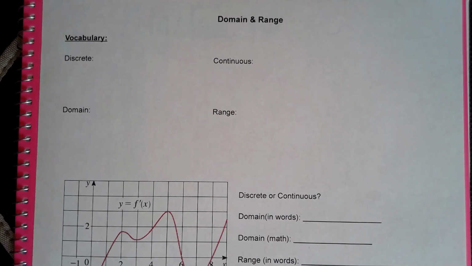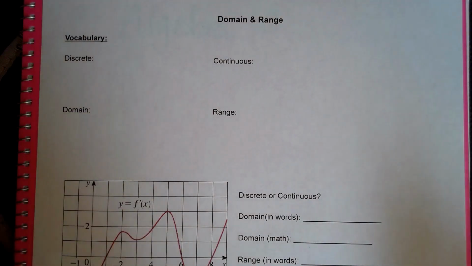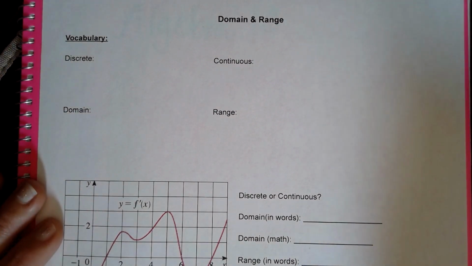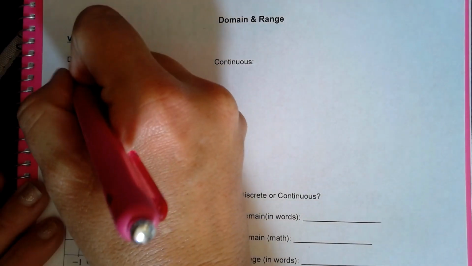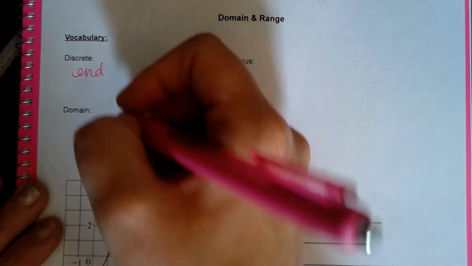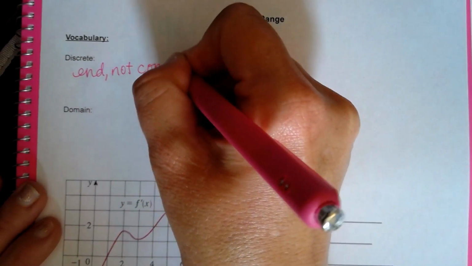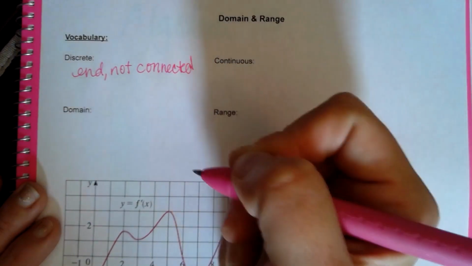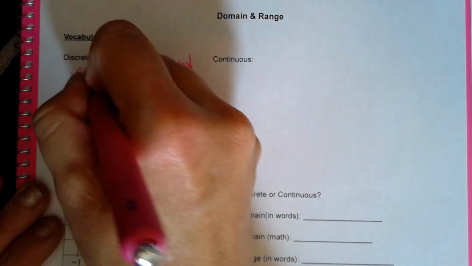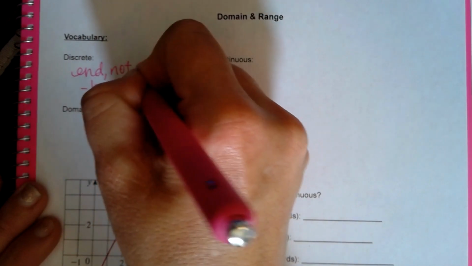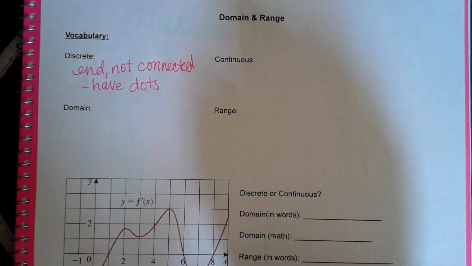All right. So, first word is discrete. Another way to think of discrete is like it ends, it's not connected. It has dots in the graph.